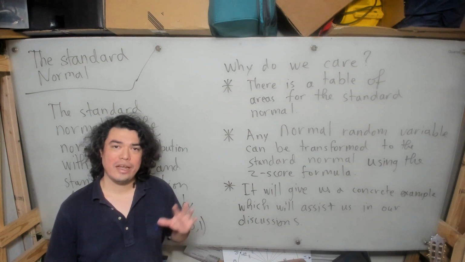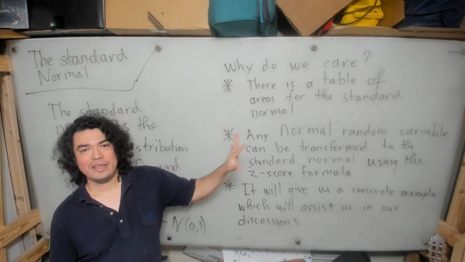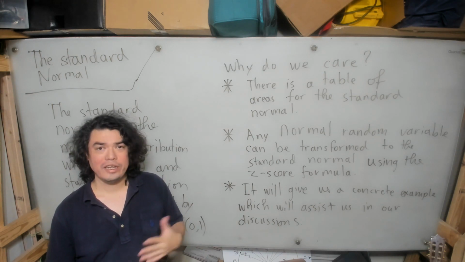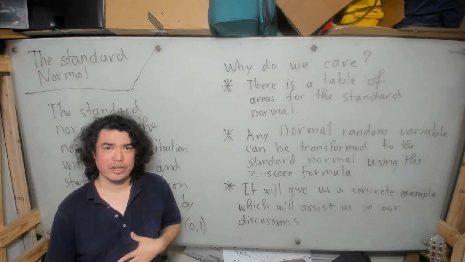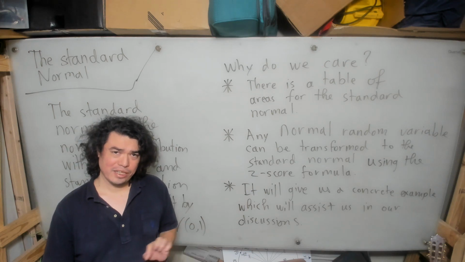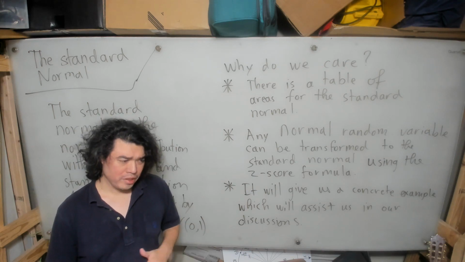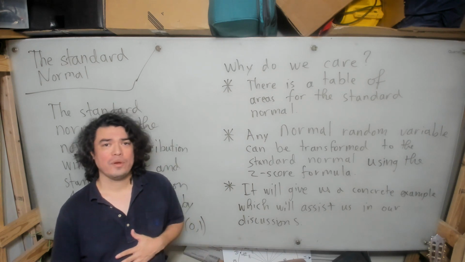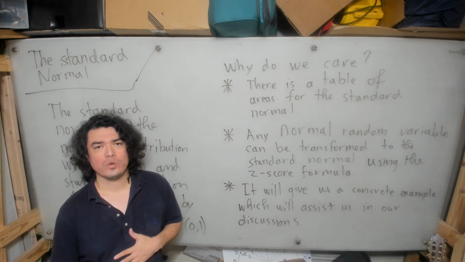By using the standard normal, I'll be able to say things concretely in a way that will be clearer than if I was just speaking in generalities, and it'll allow me to say certain things that I might not be able to say as cleanly if it was not a standard normal.